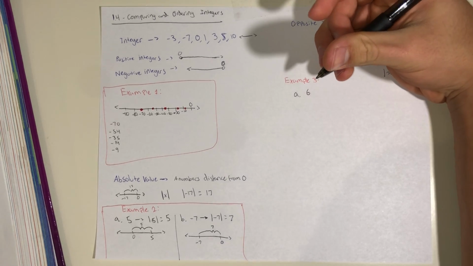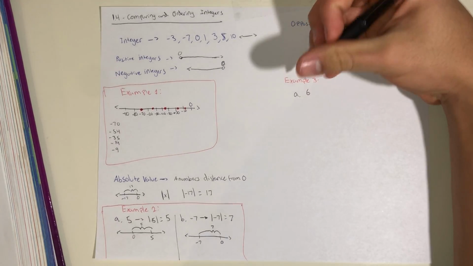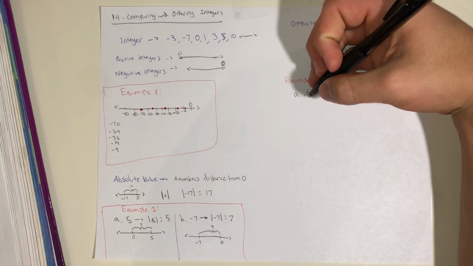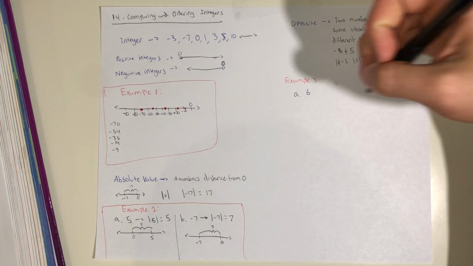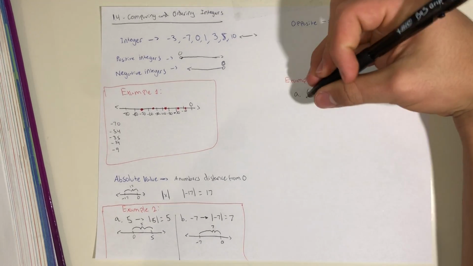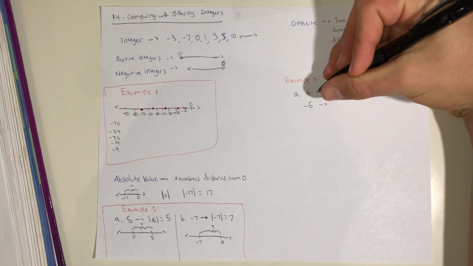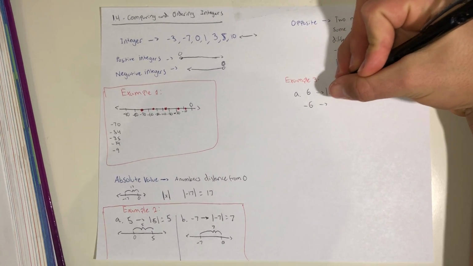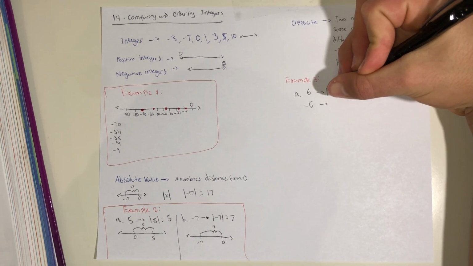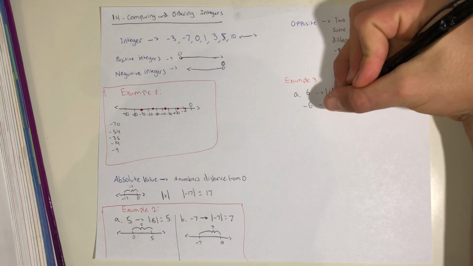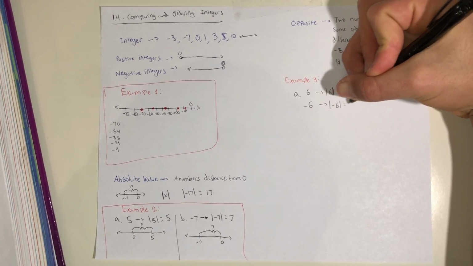What's the opposite of 6? So what's the other number that has a different sign than 6 that will have the same absolute value? This will be -6, because the absolute value of 6 equals 6, and the absolute value of -6 equals 6 as well.